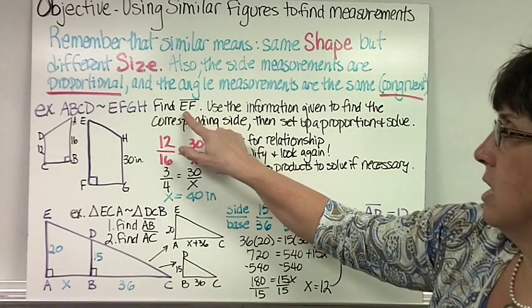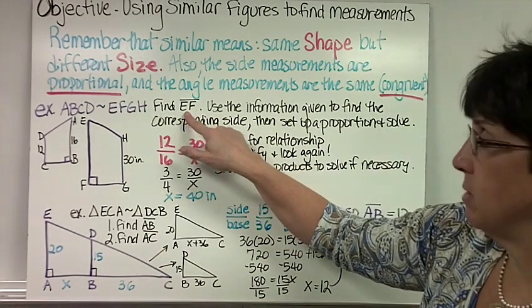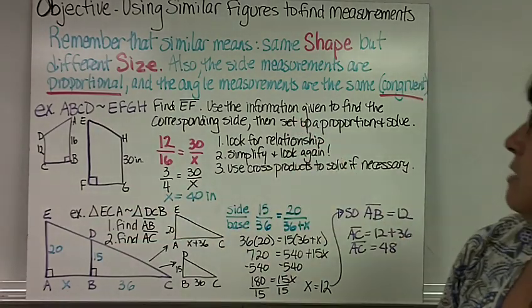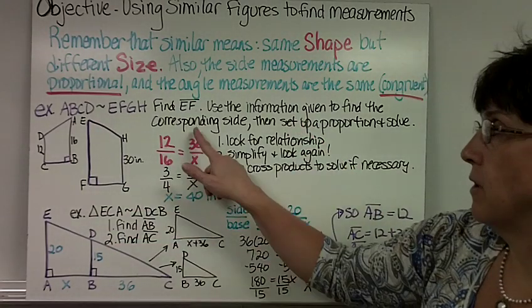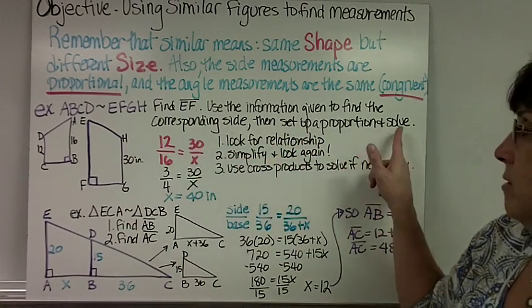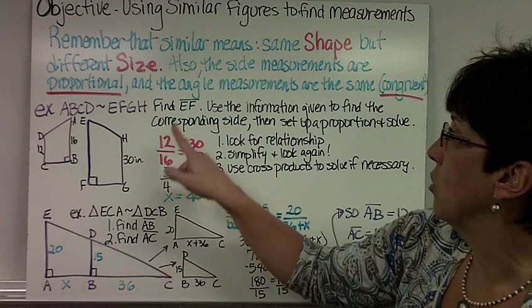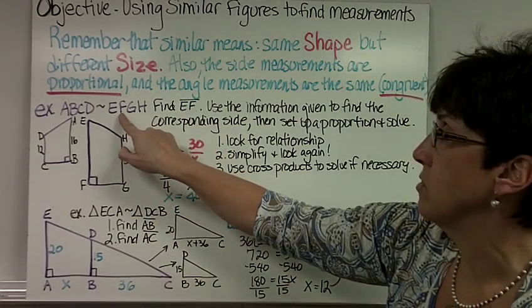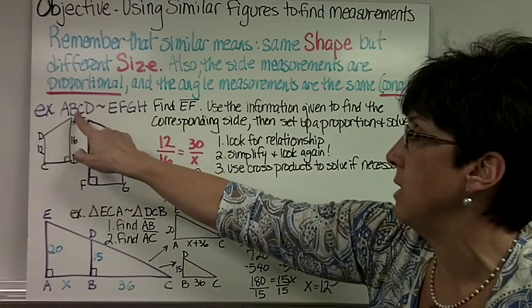I need to find the measurement for line segment EF. So I use the information given to find the corresponding side and then set up a proportion and solve. If I need to find EF, it's the first and second letters, the same as AB.